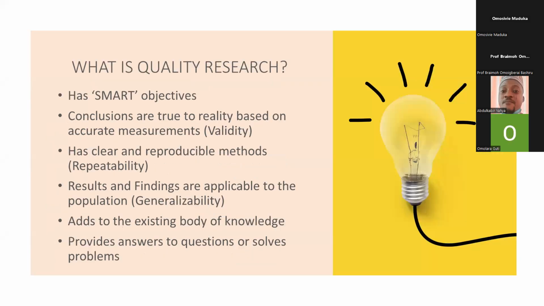And so quality research, like I said, objectives will be SMART. We will also recognize quality research when the conclusions are true to reality, based on accurate measurements. And this is what we call validity. A study is valid when the conclusion is actually depicting the truth of the situation.